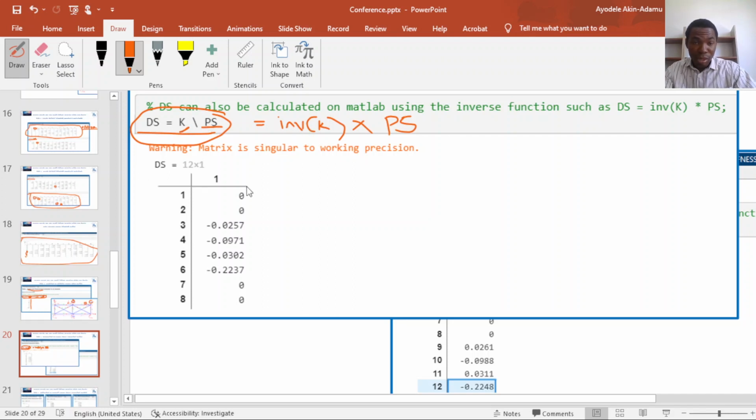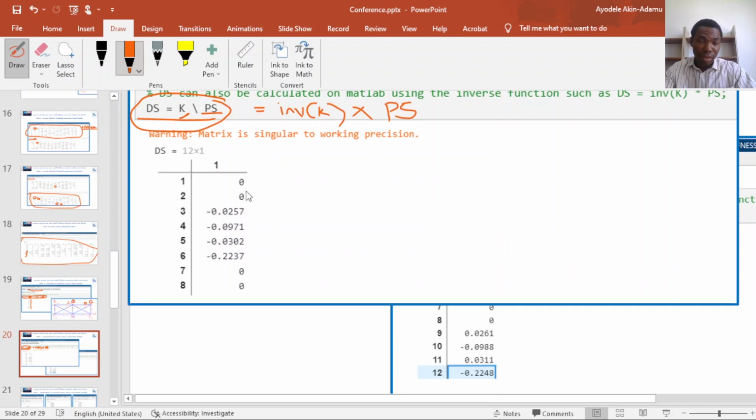Our displacement vector is calculated as this: 0, 0, minus 0.0257 mm, minus 0.0971 mm, in that order. You can see at node 1 and node 2, we have support degrees of freedom. That's why the displacement there is 0. Tells us that we are doing the right thing.